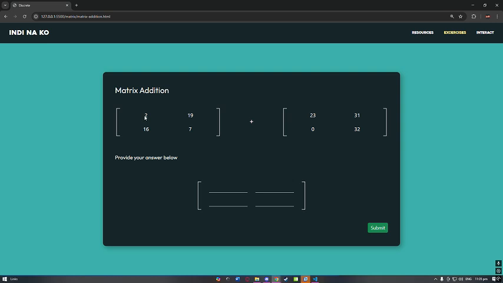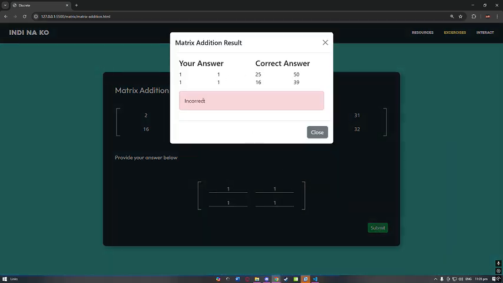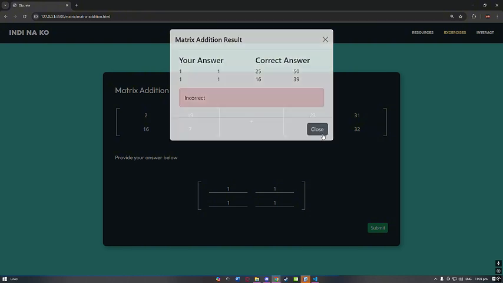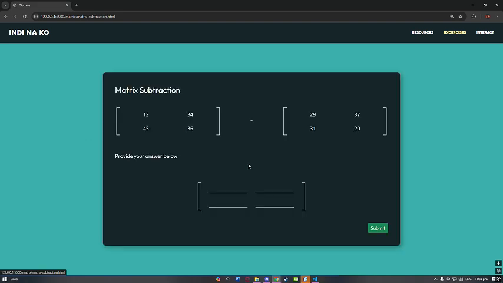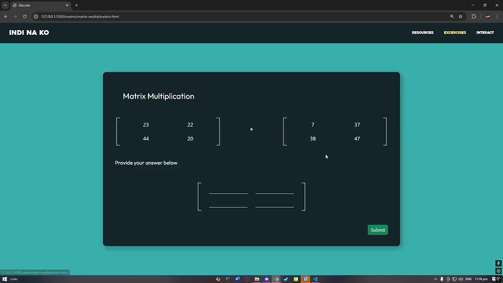For example, in addition here, we have an addition of two different matrices with random numbers. If I answer something randomly, it should show the correct answer and your answer, and then it can determine whether your answer was incorrect or not. This is true for every operation.